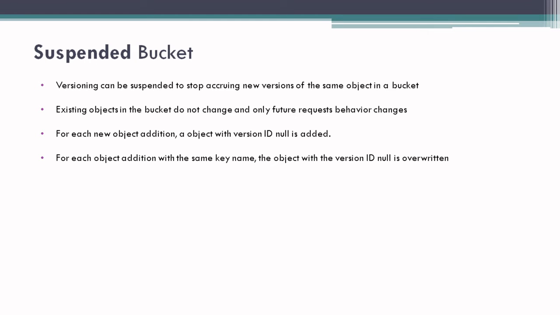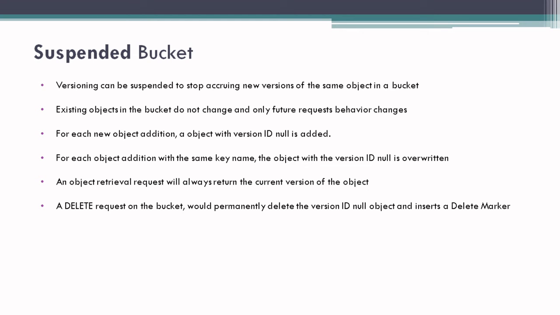For each object addition with the same key name, the object with the version ID null is overwritten. Like the non-versioned bucket, when you add the same key name again, that object will get overwritten. An object retrieval request will always return the current version of the object. So when you call a get request, you will get the current version, which would be version ID null.